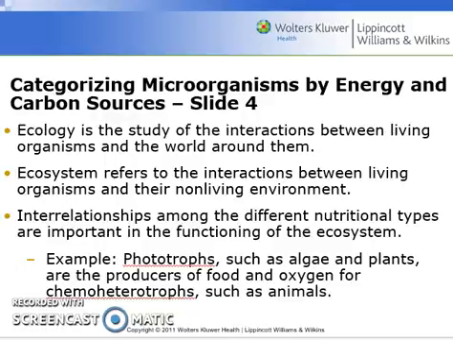So there's a particular niche that an organism with a different nutritional type plays in establishing a nice balance, keeping multiple organisms reflecting a variety of nutritional types in balance with one another. So when you think of it, think of organisms having a specific niche inside of an ecosystem.